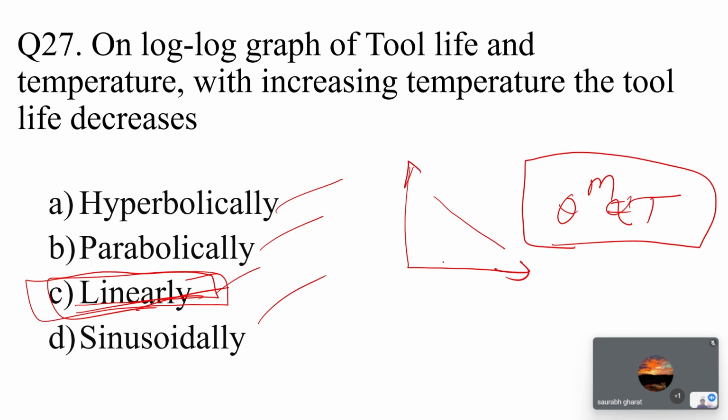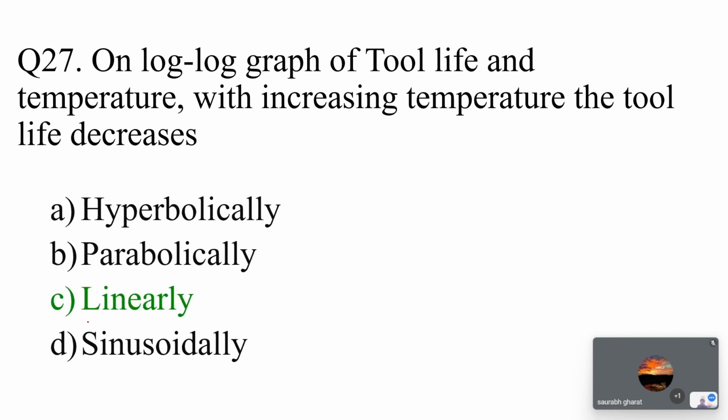As per this graph, as theta goes up, the tool life will be decreasing. But how? In the log plot, linear is the correct answer. Option C, linear, will be the correct answer.